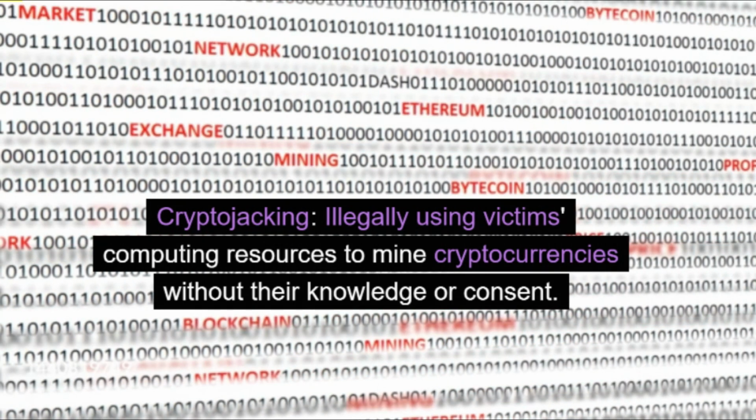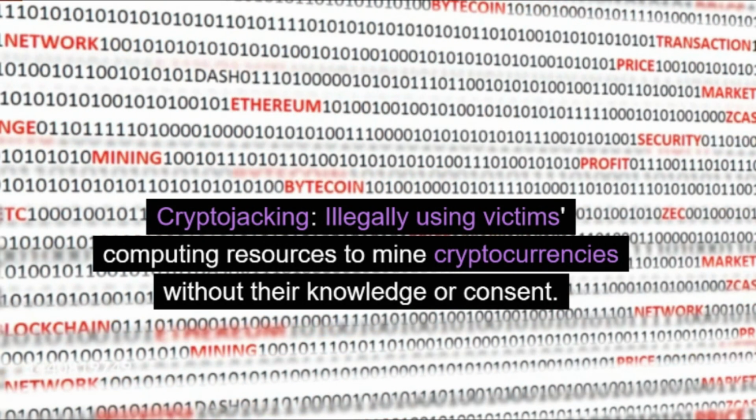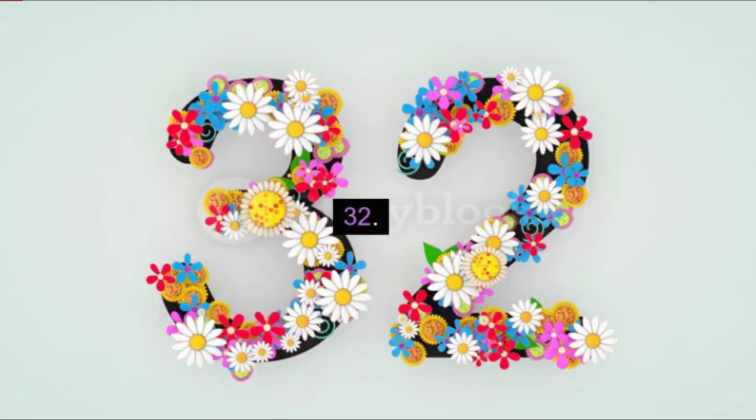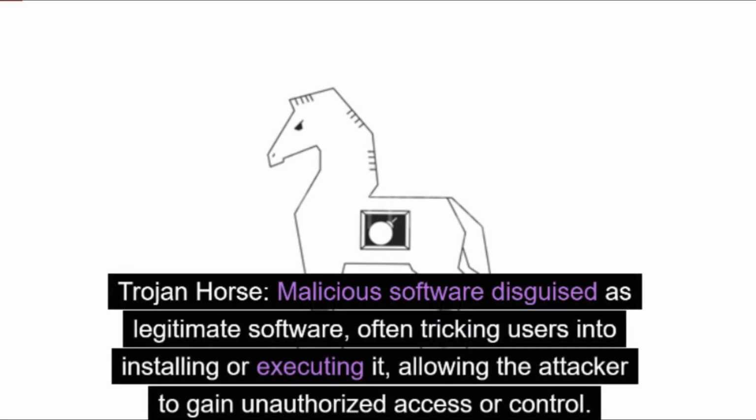Cryptojacking. Illegally using victims' computing resources to mine cryptocurrencies without their knowledge or consent. 32. Trojan horse. Malicious software disguised as legitimate software, often tricking users into installing or executing it, allowing the attacker to gain unauthorized access or control.